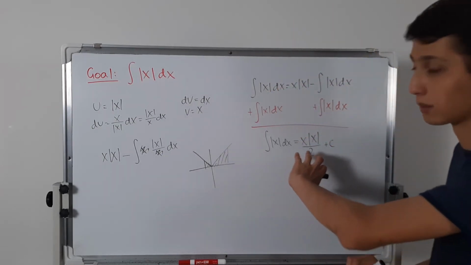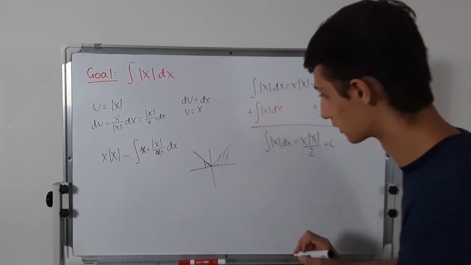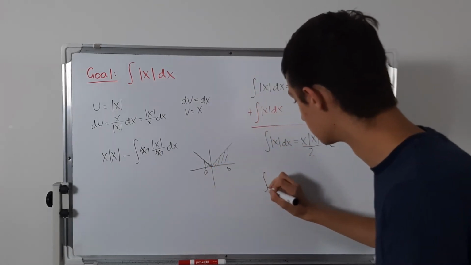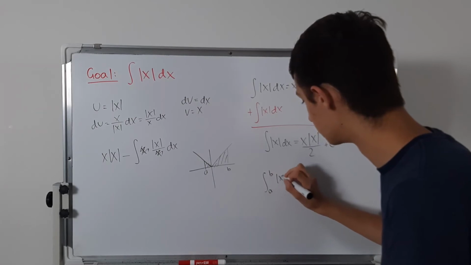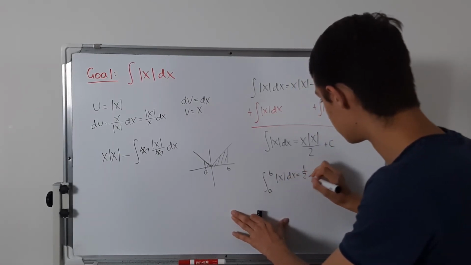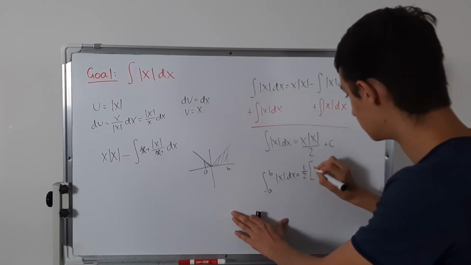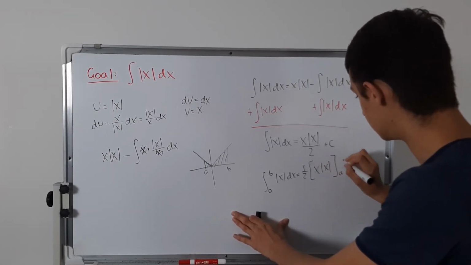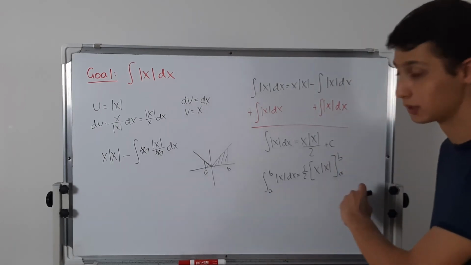If we wanted to, we would say the integral from a to b of absolute value of x dx would just be 1/2, I can factor out the half, times x times the absolute value of x from a to b, basically. And so we could do it this way.